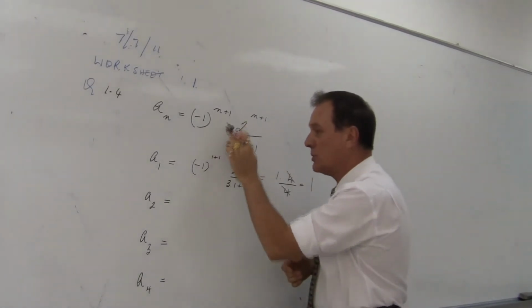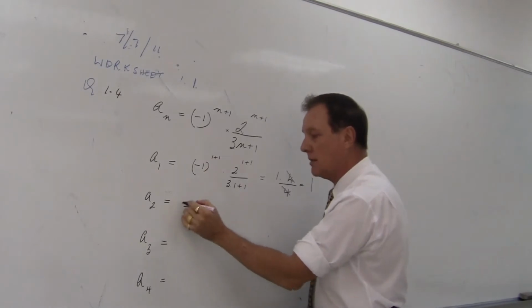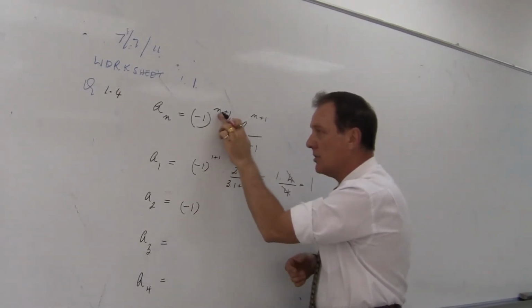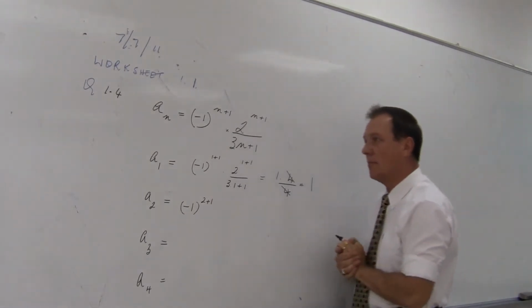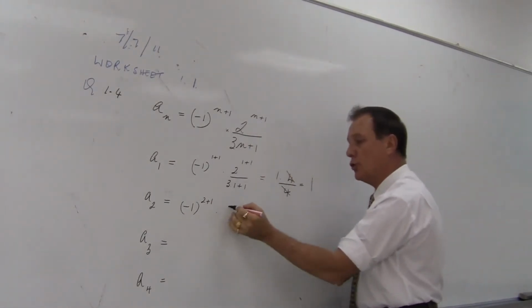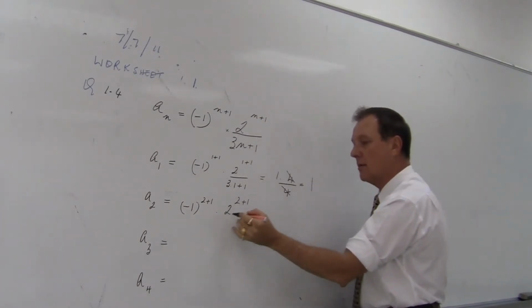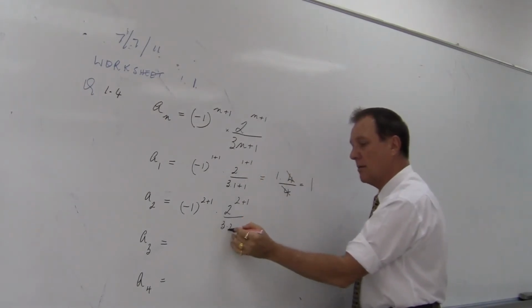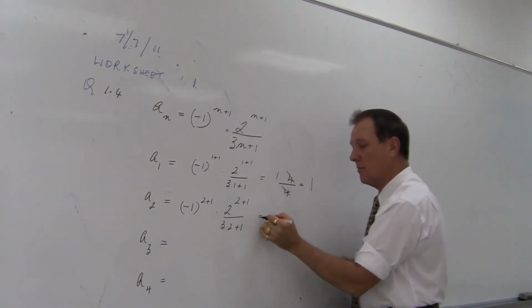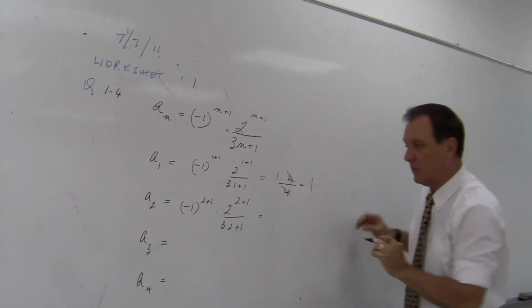Now with n equal to 2, just make the substitutions again. We get -1 raised to the power 2 plus 1. Here we've got 2 raised to the power of 2 plus 1. And here 3 times 2 plus 1. If we put the numbers in, what do we get?